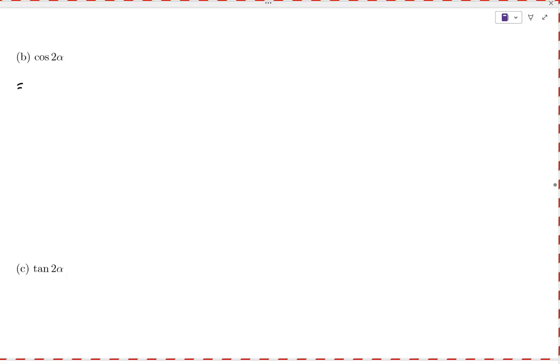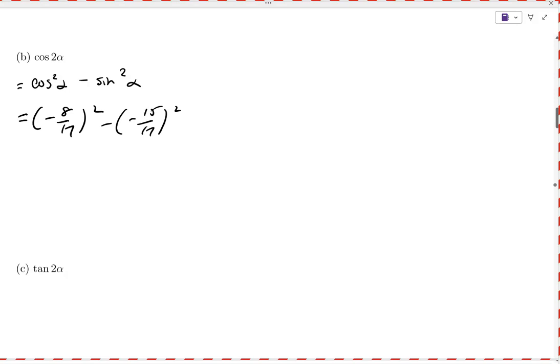Cosine squared x minus sine squared x. Good. That's one of them, right? And you just told me a minute ago that cosine is negative 8 over 17 and sine was negative 15 over 17. So we'll get negative 8 over 17 squared minus negative 15 over 17 squared.